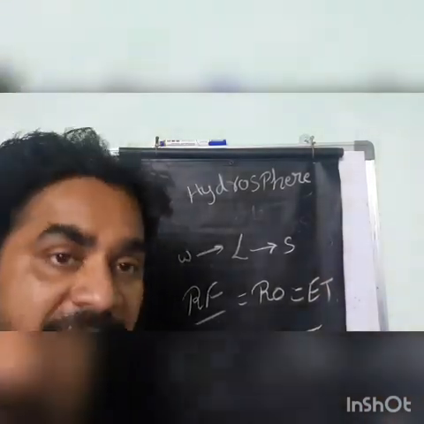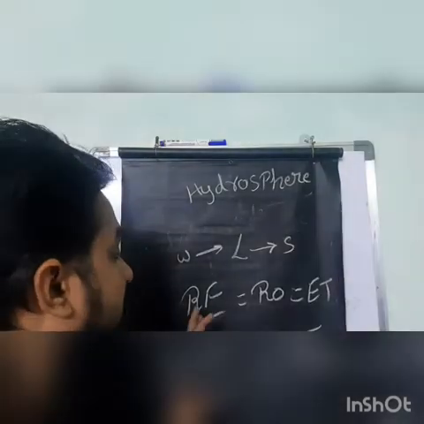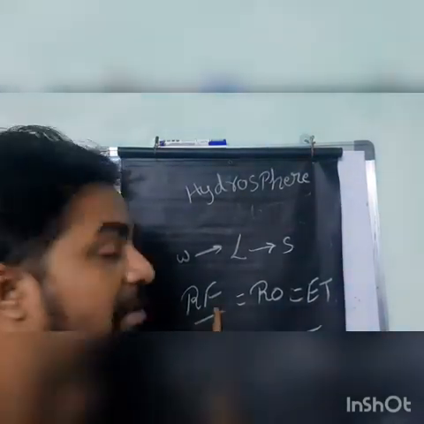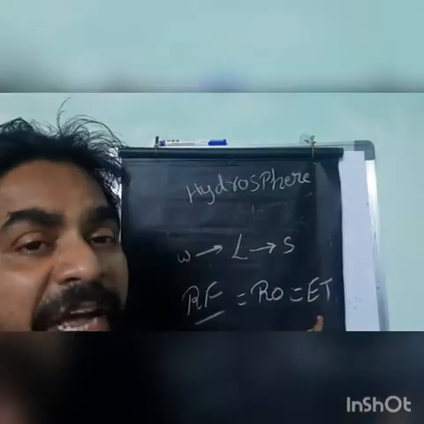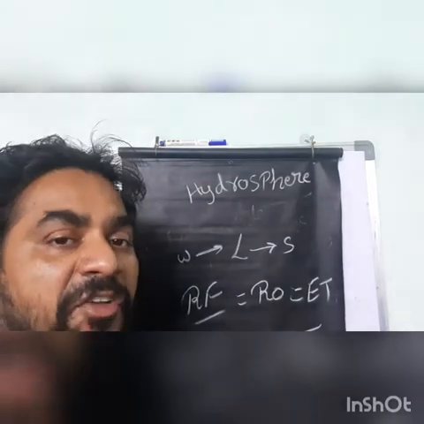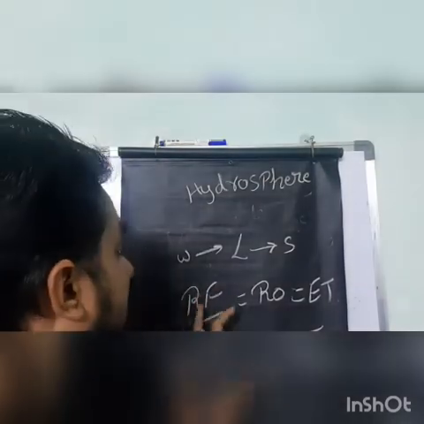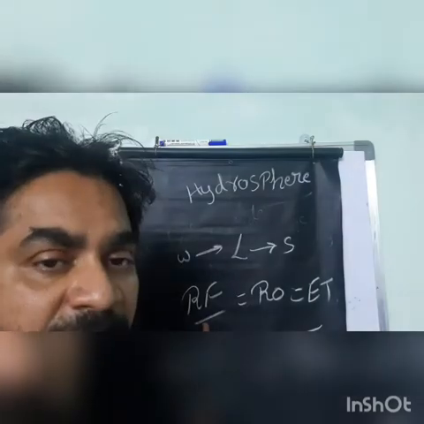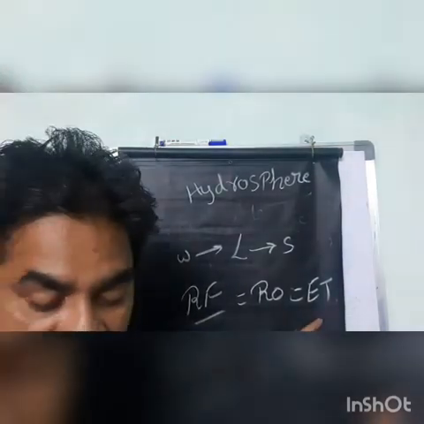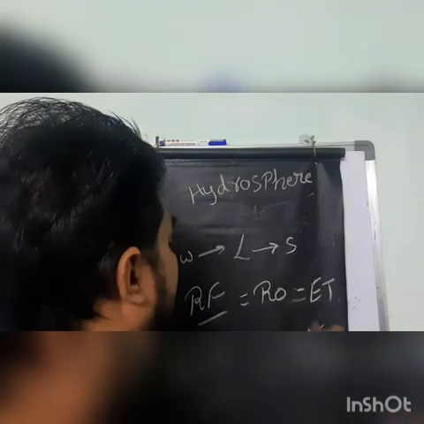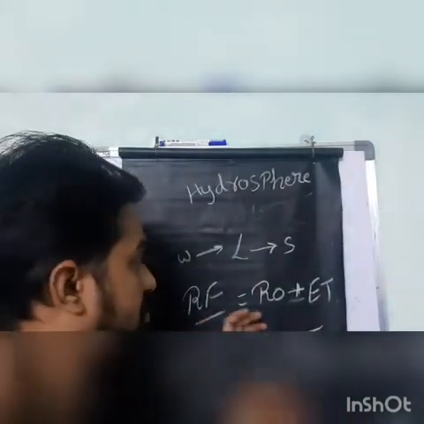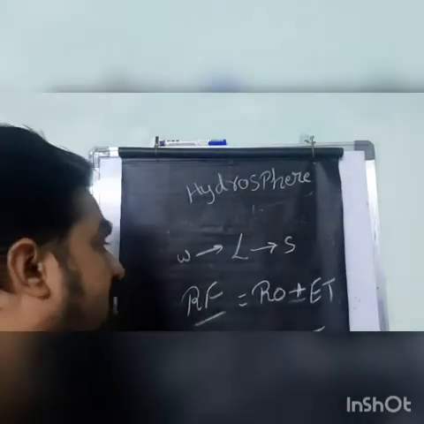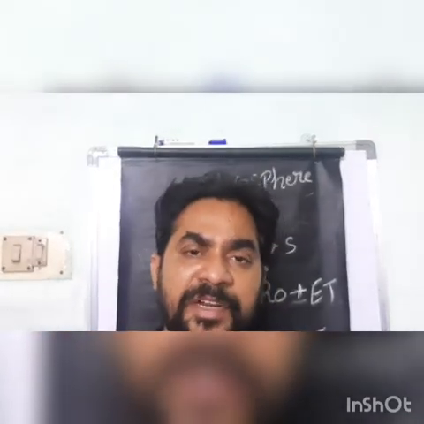Sometimes we express the hydrological cycle in the form of RF, where RF means rainfall, RO means runoff, plus evapotranspiration. So rainfall is equal to runoff plus evapotranspiration, and that is called the hydrological cycle. It's a simple formula. So one more time I will revise.